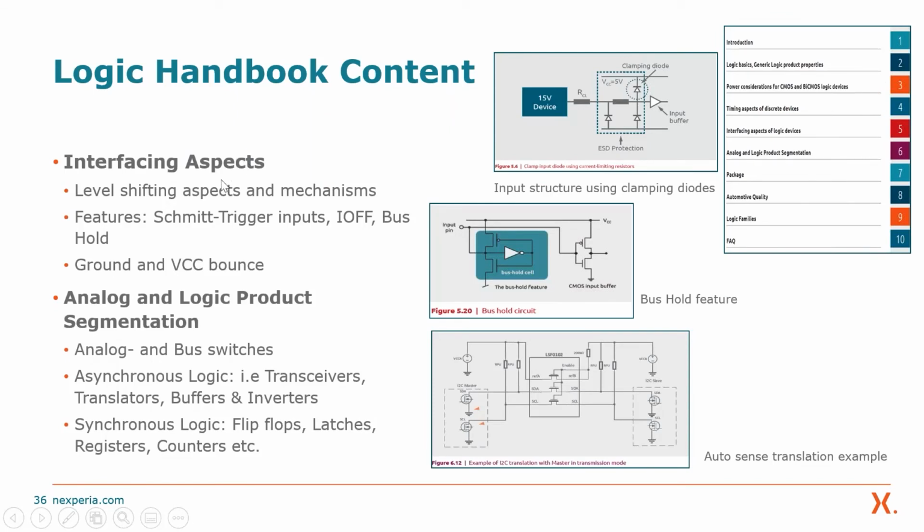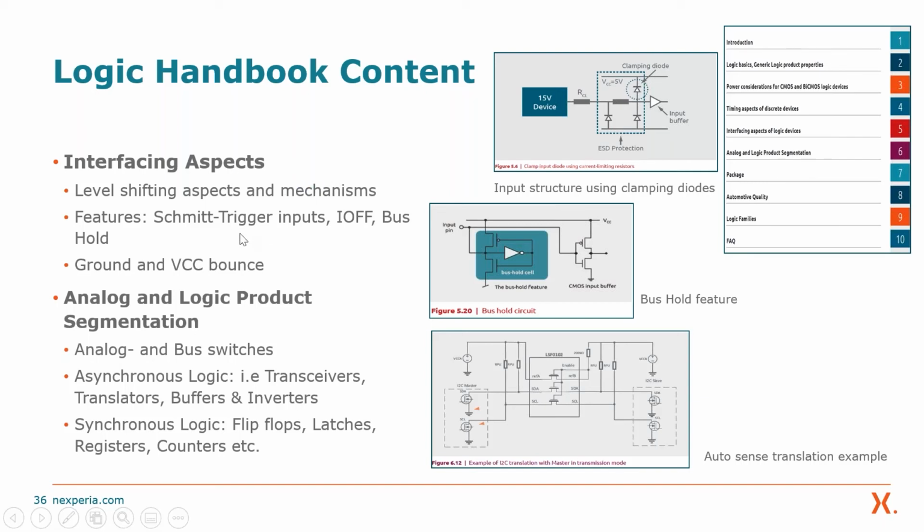Following the timing, we are explaining the interfacing aspects. Interfacing has lots of different sub-aspects like level shifting. There we explain what level shifting we offer and what mechanisms are used for it, like simple clamping diodes or overvoltage tolerant inputs, and also single and dual voltage sources.